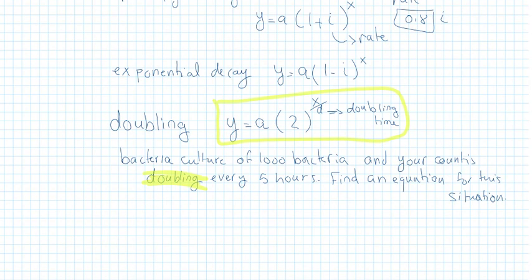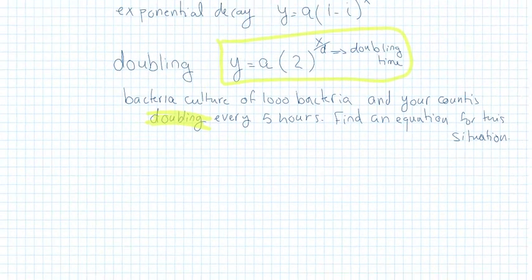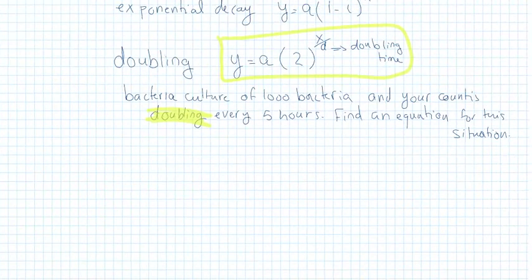Now, what else do I know? The initial, which is 1,000. What else? Every 5 hours. That's d, because that's your doubling time.